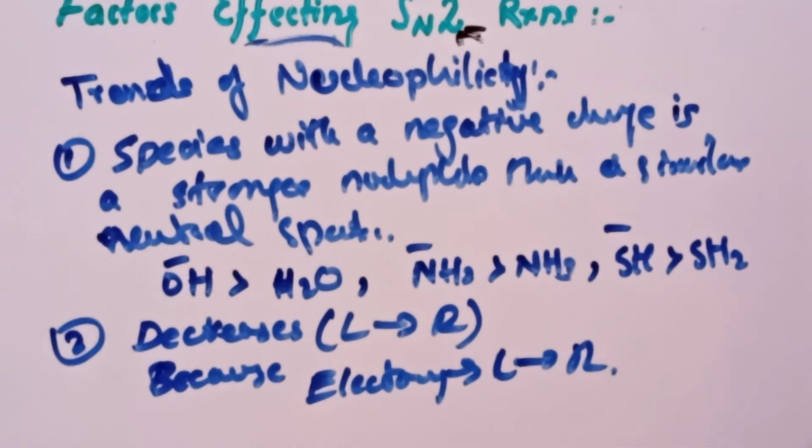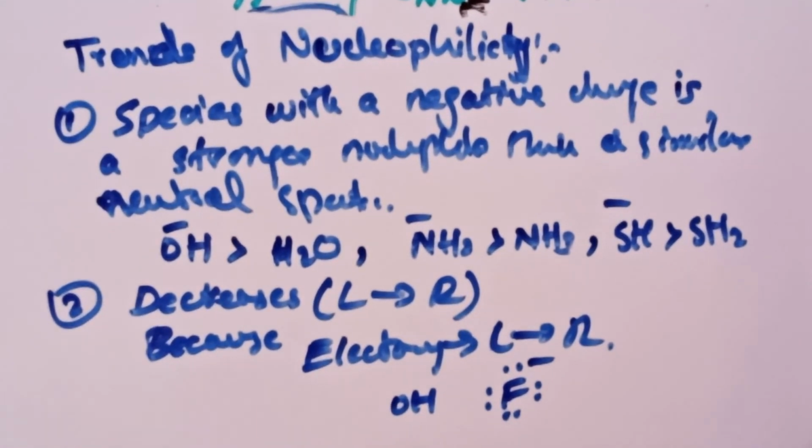We know that the more electronegative elements have more tightly held non-bonding electrons. Like in the case of fluorine, which has four lone pairs in the fluoride ion, while in the case of OH negative, the central atom is oxygen, which has lower electronegativity than fluorine.